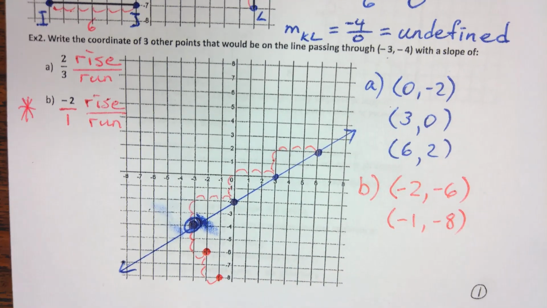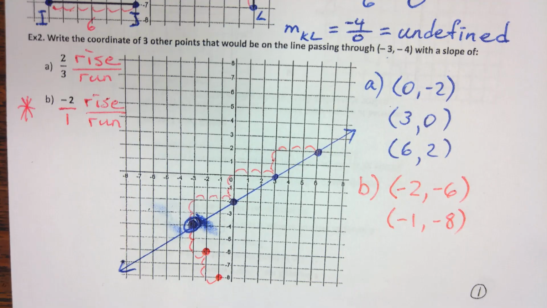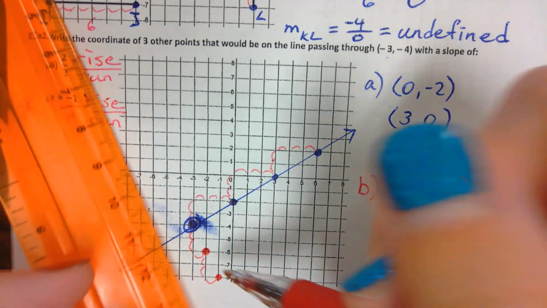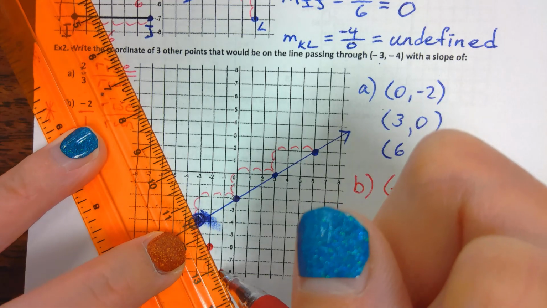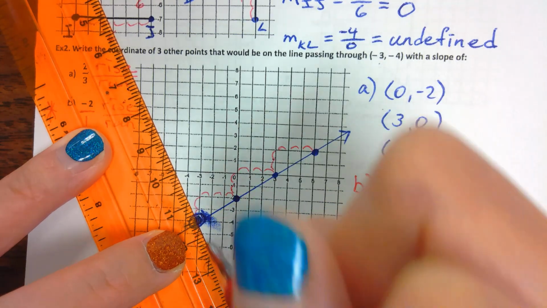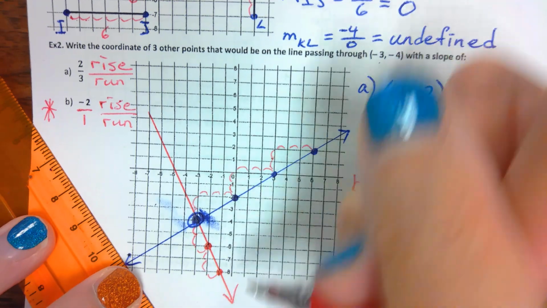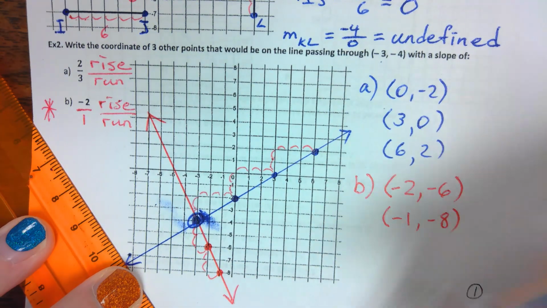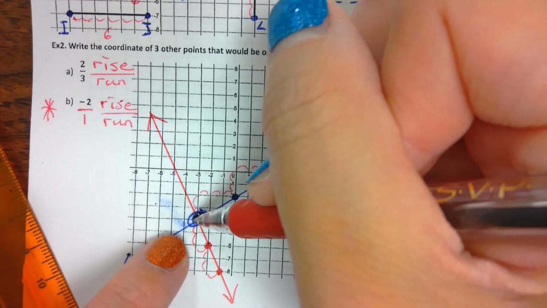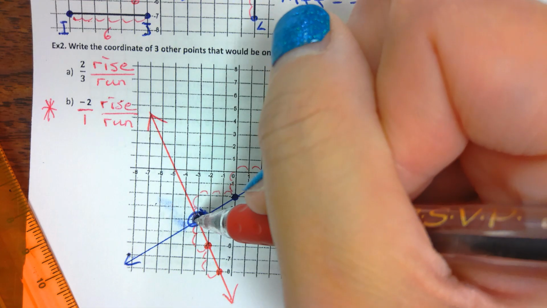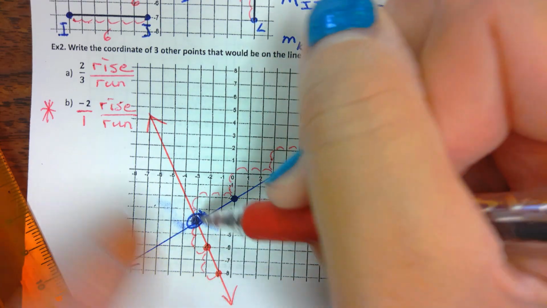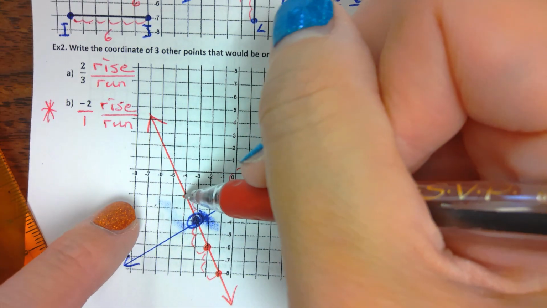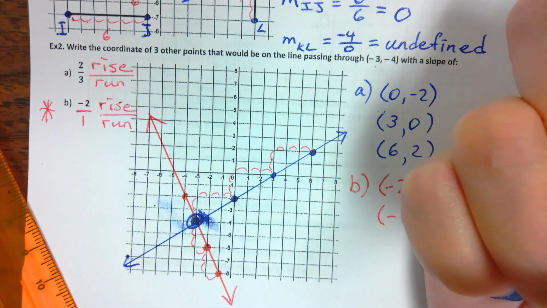So what should I do? What can I do? I can follow the pattern. Yeah, but better yet, Vincent, what do you think? I can go the other way, because if I draw my line right here, remember it's a line that goes on both sides, goes both ways. So if I have no room here, I can go the other way, but I know the direction of my line. So this time, instead of going down and to the right, I can go up to the left to bring me to this point right here.